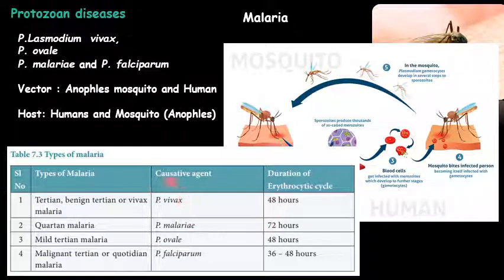For example, when Plasmodium vivax is injected by the mosquito bite, it takes 48 hours for the multiplication of Plasmodium vivax in the blood cells. That is what we call the duration of the erythrocytic cycle. Likewise, we have different types of malaria caused by different types of Plasmodium species. Let's learn the Plasmodium cycle in detail so that you will understand how this disease spreads.